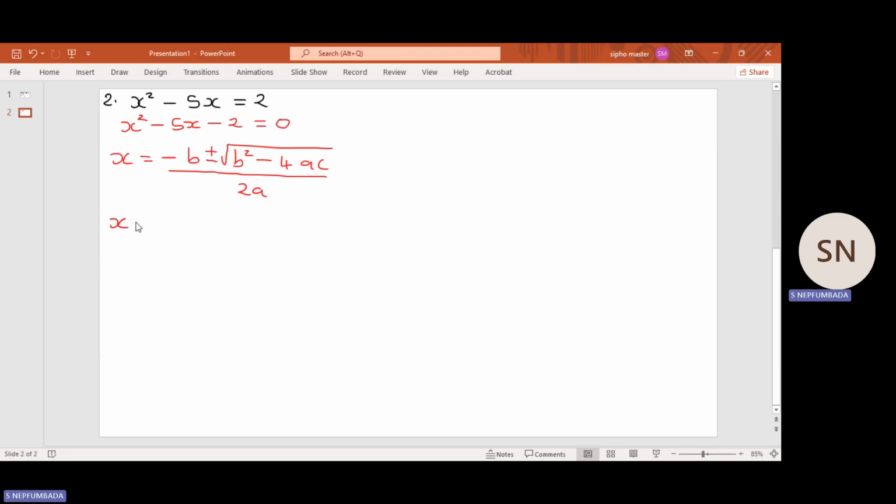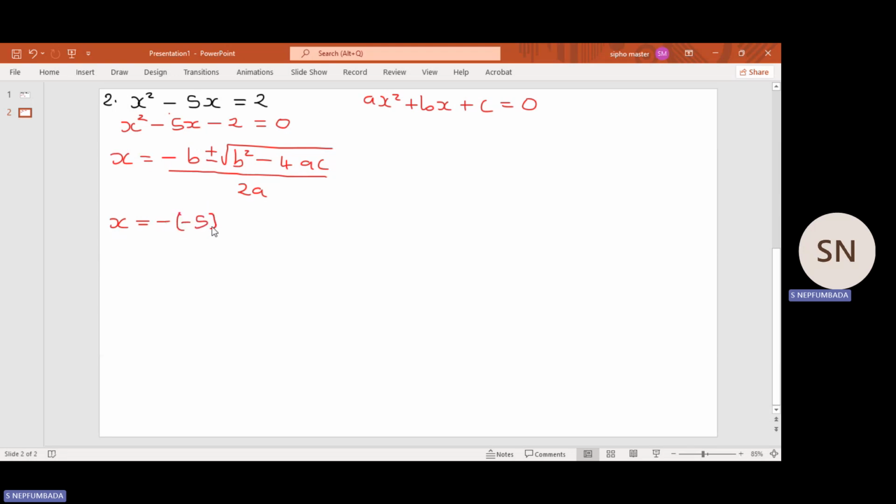Then our x is going to be equal to minus b. What is our b? Remember our expression is ax squared plus bx plus c equals 0. Are we good? So where they say b, there's nothing but minus 5.